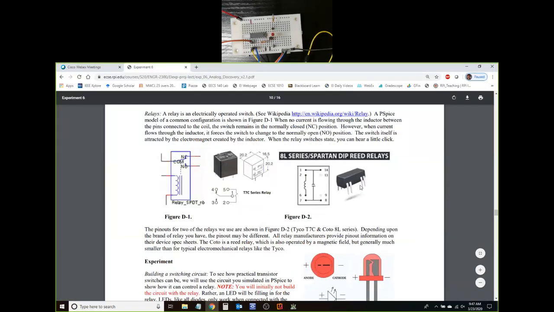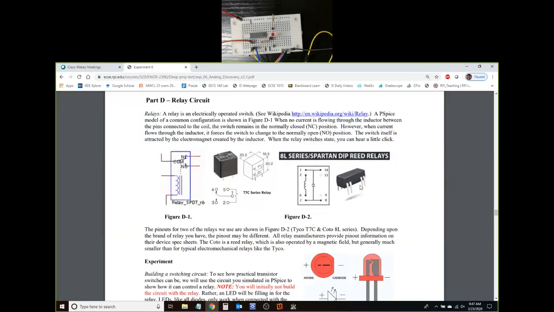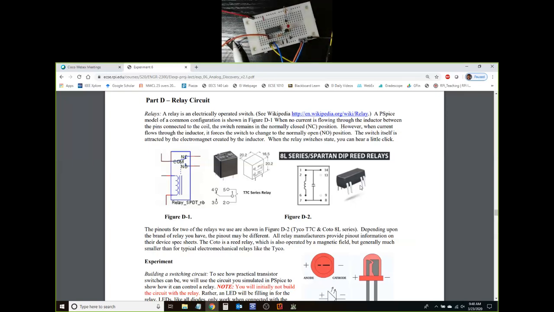I'm just going to bring this over here to the camera. So I'm going to place this over here. That little guy over here is the mechanical relay.